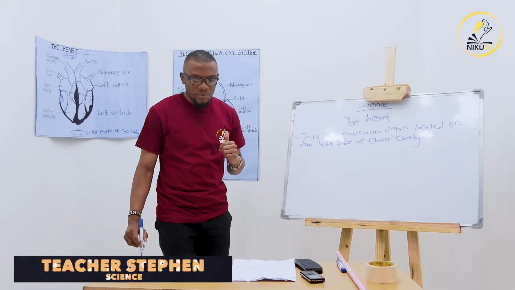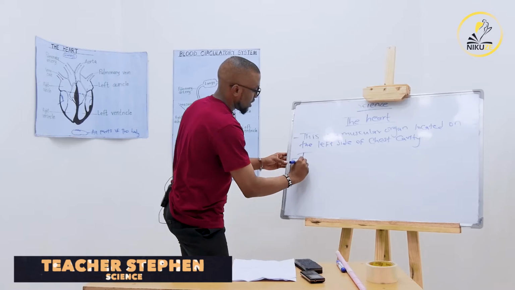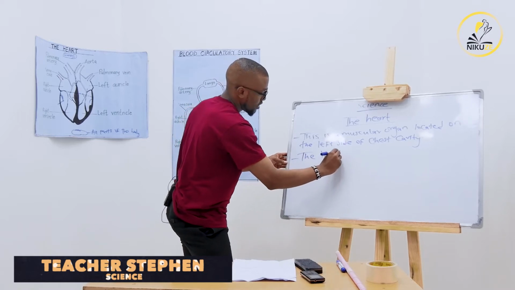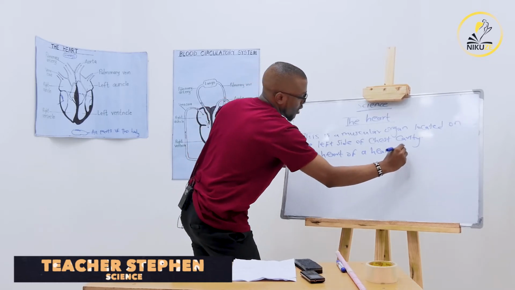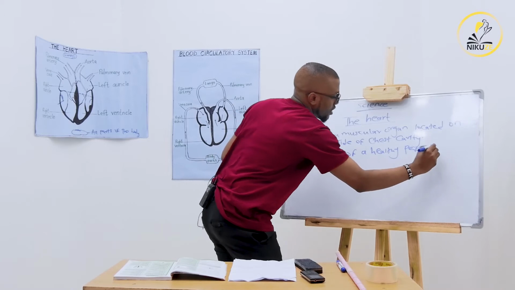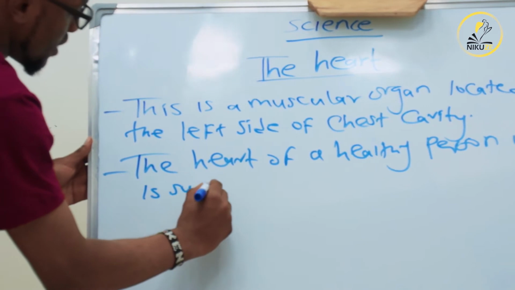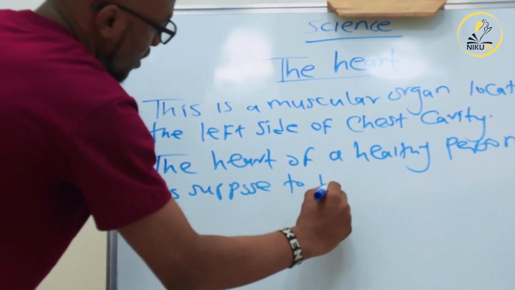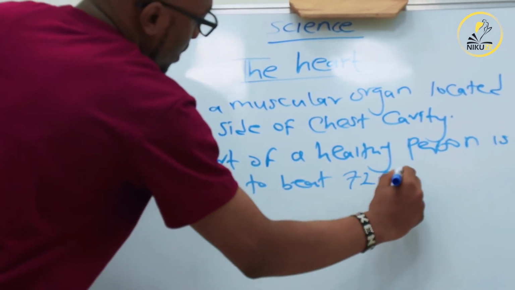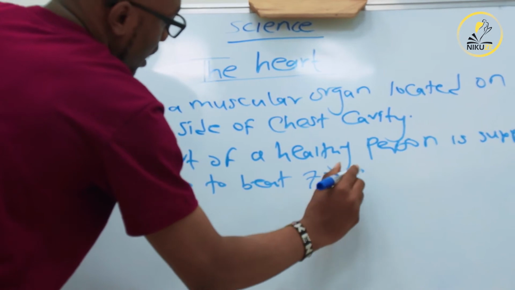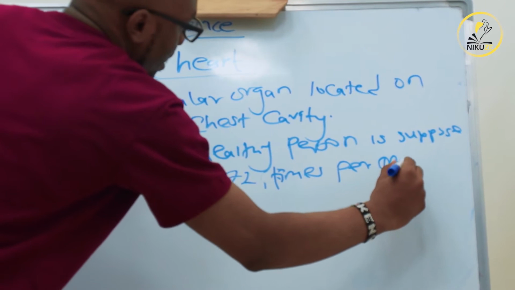So let's write: the heart of a healthy person is supposed to beat 72 times per minute. Make sure you know that, per minute.